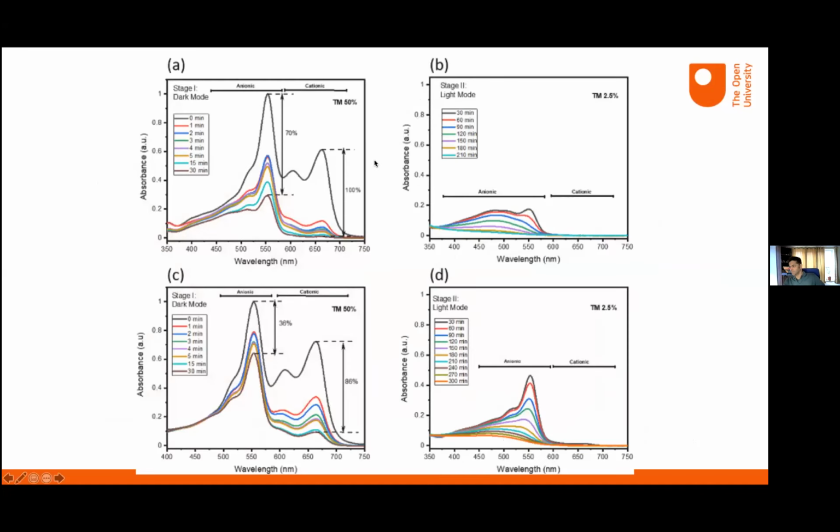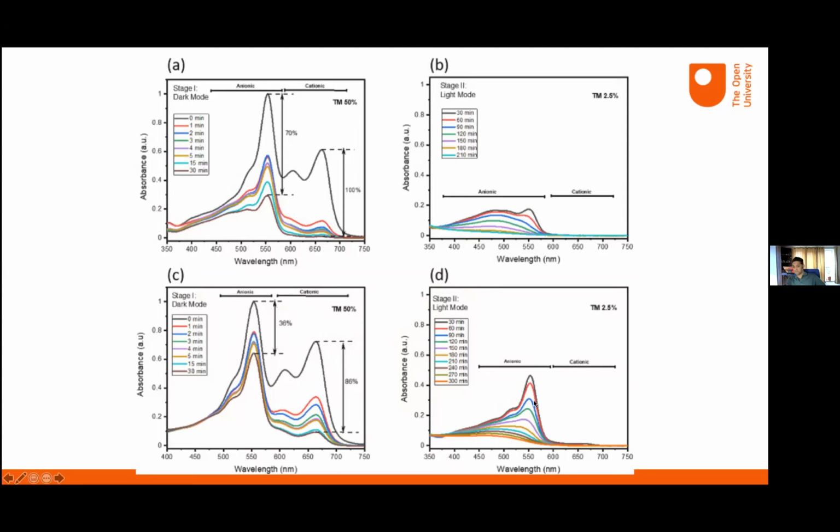And then we started mixing the dyes, both anionic and cationic dyes, for different periods in stage 1 and stage 2 processes. In stage 1, we are using a dark mode, maybe about 50% of mass TiO2, under light irradiation conditions for 2.5%, and you can clearly see the difference between 50% and 2.5%.